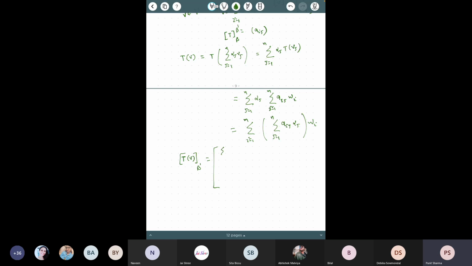It would be the sum over j equal to 1 to n of A1j alpha j. And similarly, you can write for others also. The last element would be the sum over j equal to 1 to n of Amj alpha j, right? Now, can you tell me what is this? Is it not equal to this one? Yes, sir. Right? And you are done.